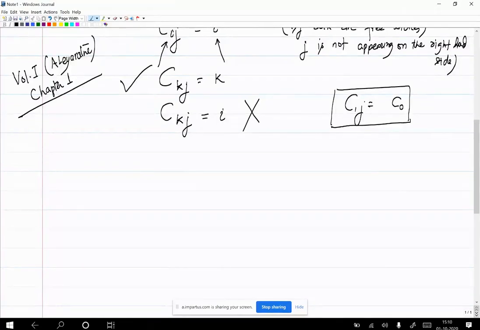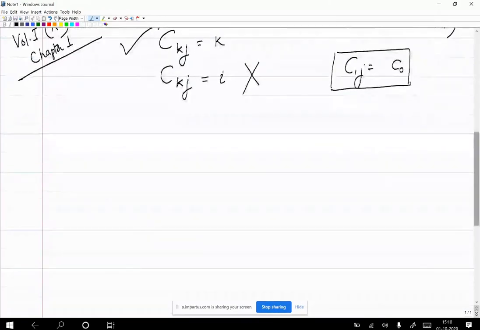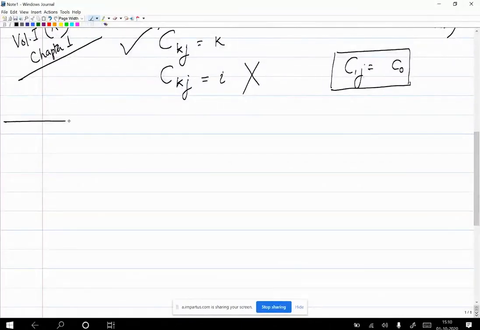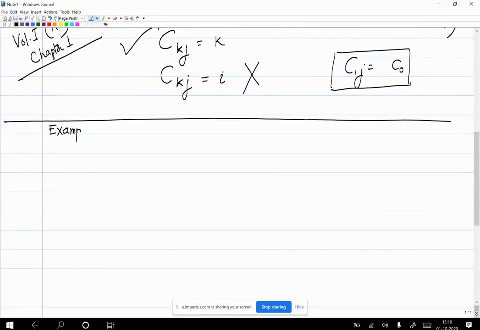Okay, so looks like you don't have any query, so I am going to proceed. I am just going to do some examples so that we get more familiar with summation convention.